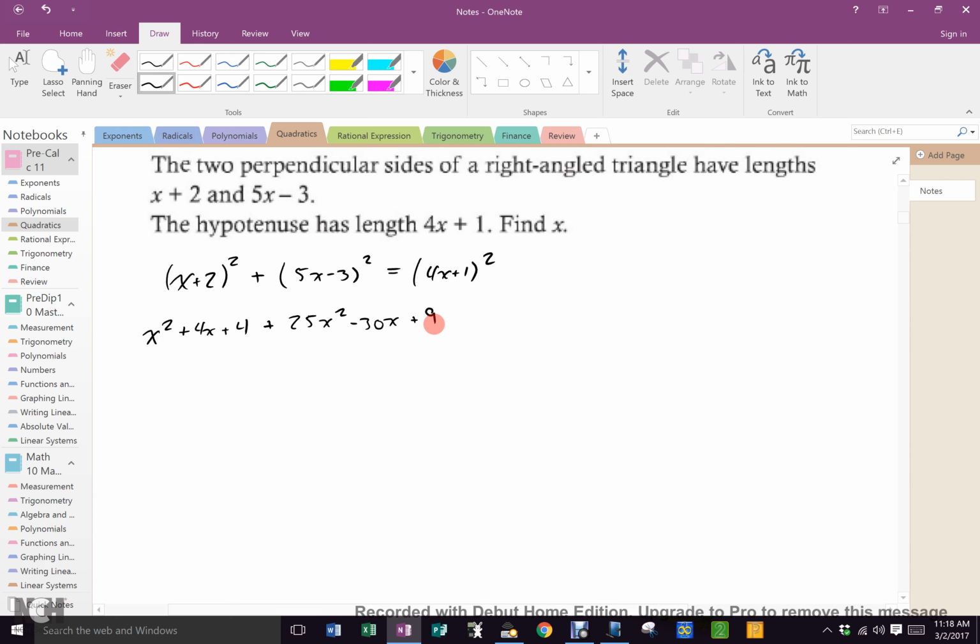Yes, of course. Equals 4 times 4, 16x squared, plus 4 plus 8x plus 1. Is everybody good to there? Some of you are still foiling. That's okay. Continue to foil. If you practice FOIL enough, you too will be able to do that in your head.